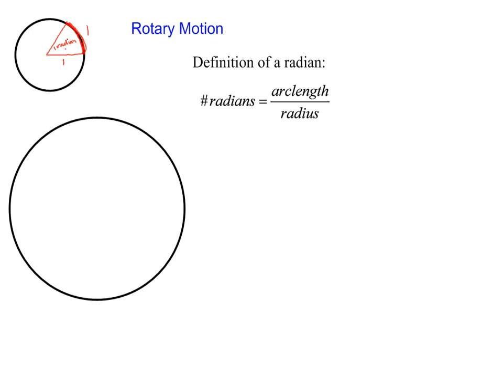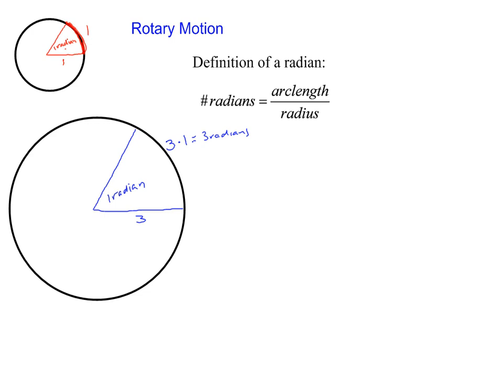If I had a bigger circle, let's say the radius is 3, and I were still to measure out 1 radian, the arc length on the unit circle of 1 radian is 1, but on this bigger circle, the arc length is going to be 3 times 1, which is 3.